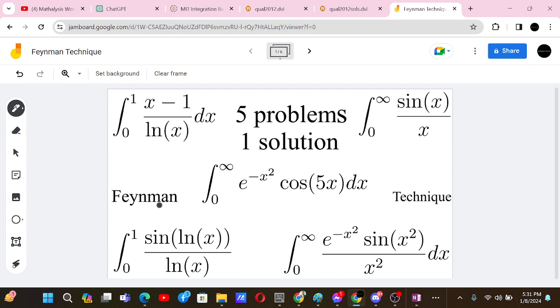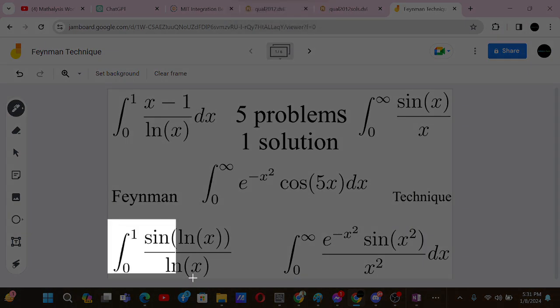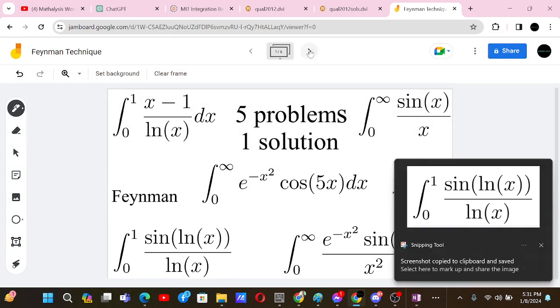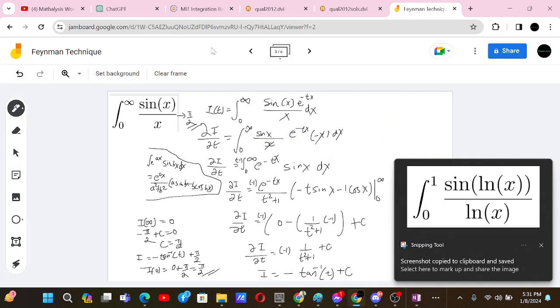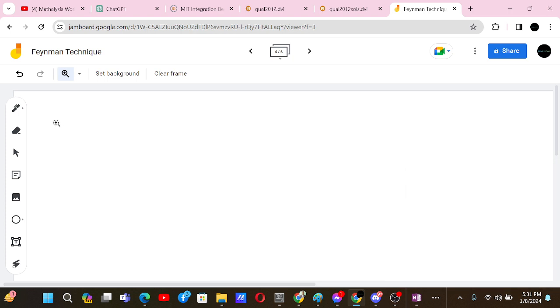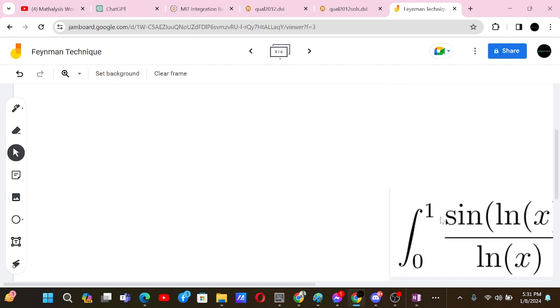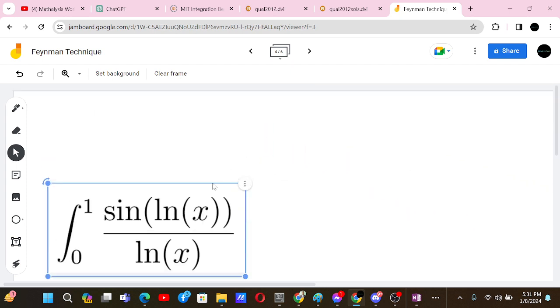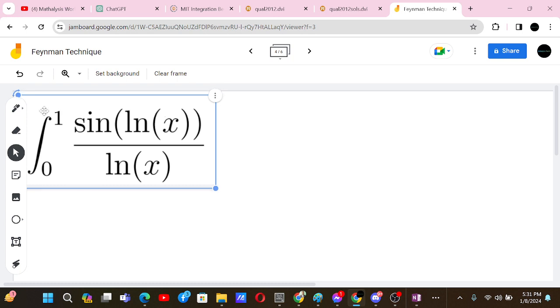Let's go to this problem. This problem is kind of similar, not totally the same though. Okay, fine.